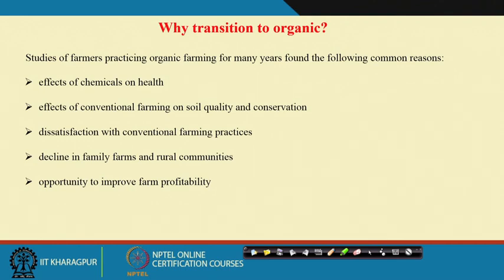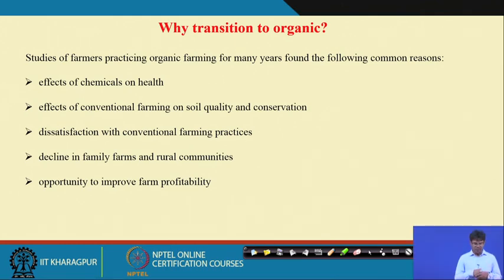So, the question is why transition to organic. We have also discussed this in the preliminary classes. Studies of farmers practicing organic farming for many years found some common reasons, or common problems they were facing, that made them want to convert to organic.